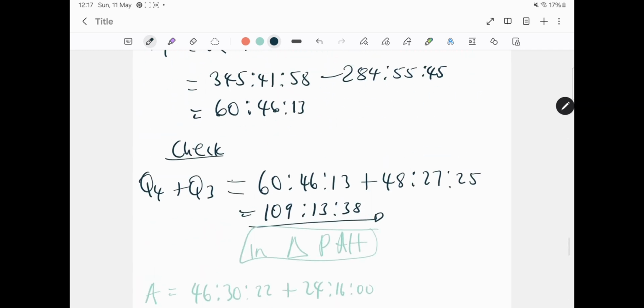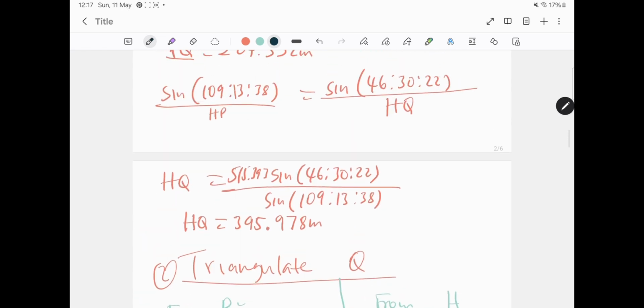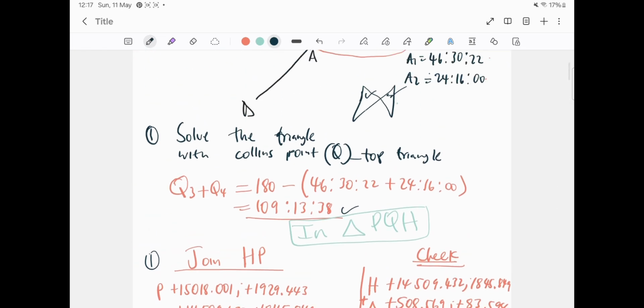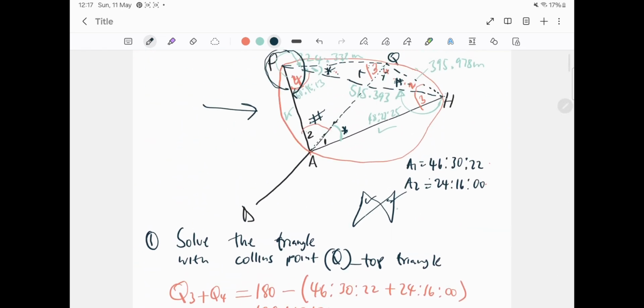Let's go to HA. Now coming to HA, looking at our sketch. From H to A, you're just going to move like this. Then you've arrived. So you don't know bearing HA, that's what you're looking for. So you can just say bearing HP minus this internal angle.